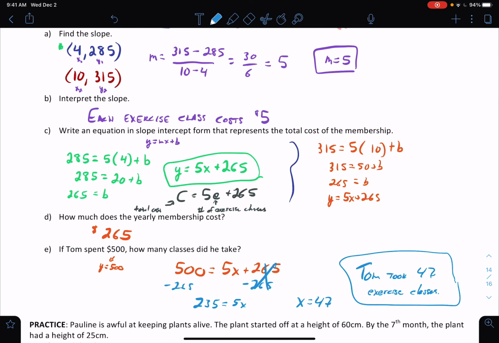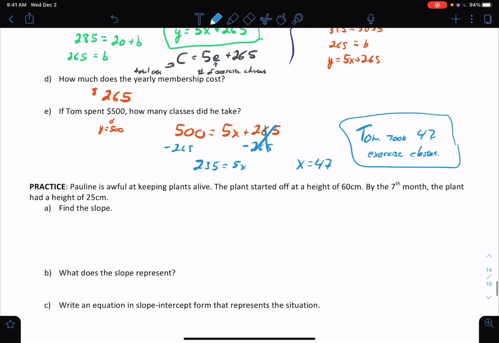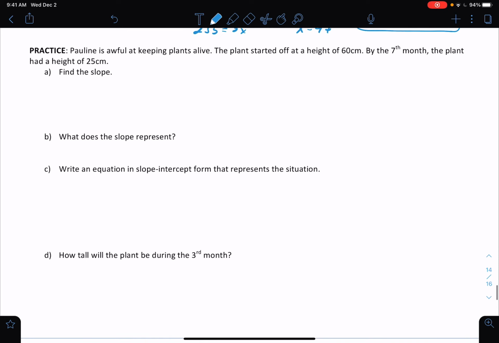Okay? Reference example 2, this one that we just did, where we had to pull 2 coordinates, 2 points from the word problem to find the slope, and then use that slope in one of the points to write the equation of the line. All right, try out this practice problem.